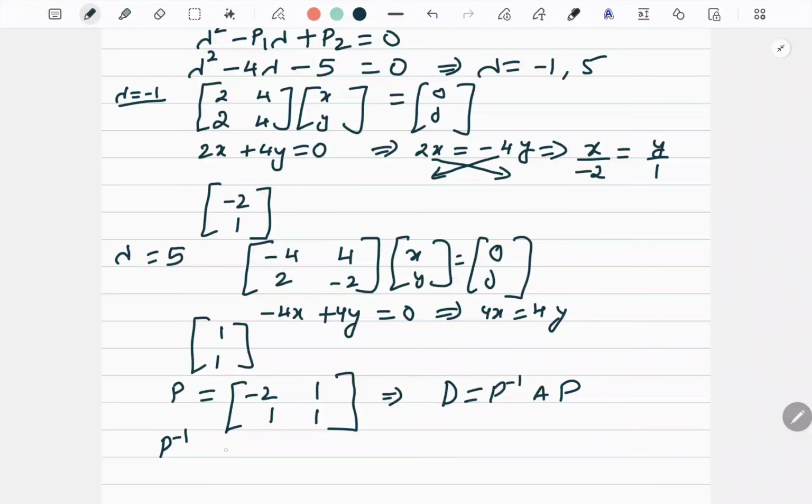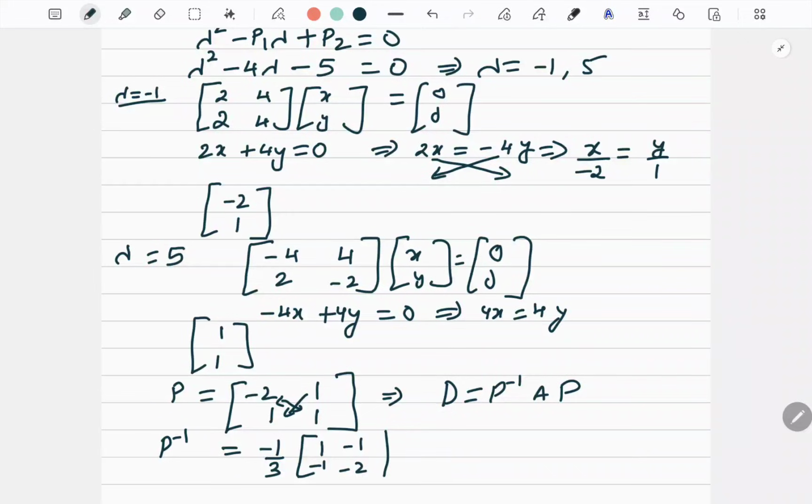When it is a 2 cross 2 matrix, if all of you remember, just swap these two. So what you will get? 1 and minus 2. And this side change the sign. So minus 1, minus 1. And divided by determinant. What is the determinant here? Minus 2, minus 1. So minus 3. So minus 1 by 3. So this becomes the P inverse.